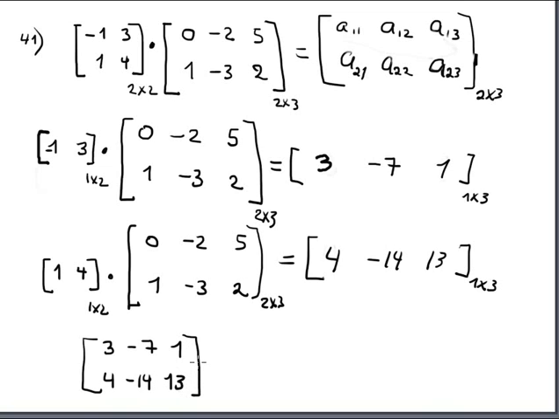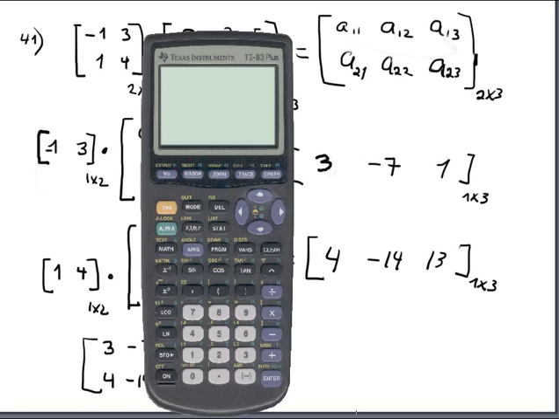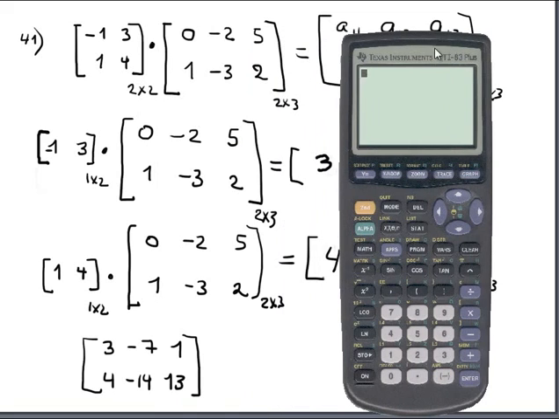Okay, let me check it with the calculator. Using the calculator. Where is the calculator? Here. Clear everything. Edit the new matrix. The first matrix, matrix A, dimension is 2 by 2, and the numbers are -1, 3, 1, and 4. Okay, done.